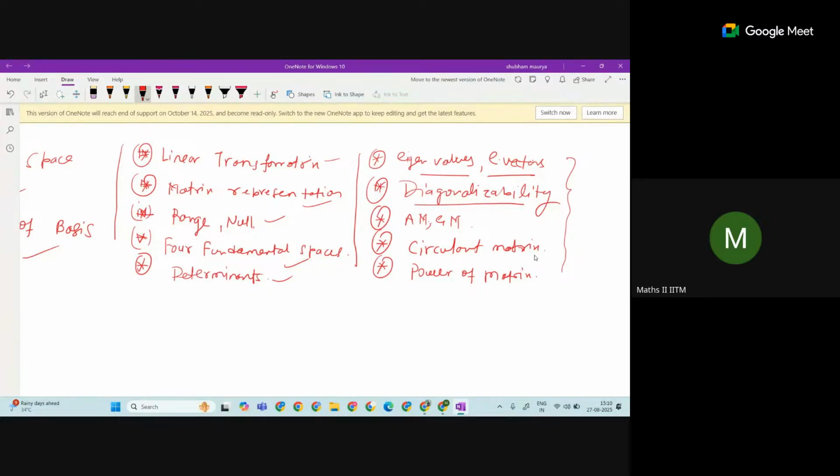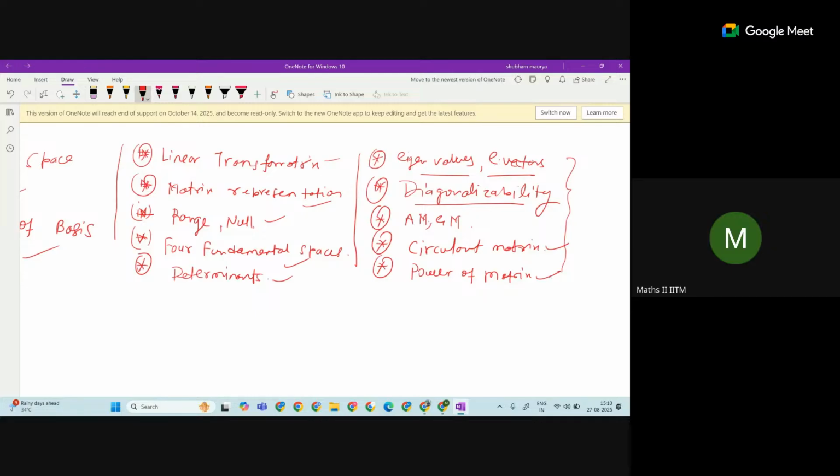We have seen circulant matrices already, but they are also available in week 1 to 8. Once we have the diagonal matrix, we can easily get the power of a matrix.